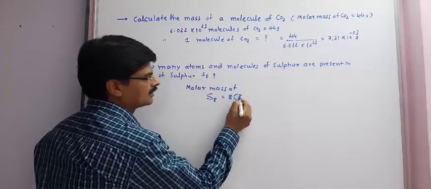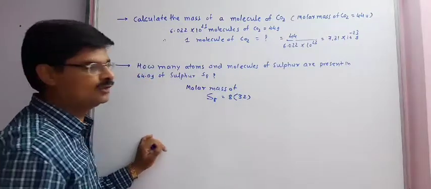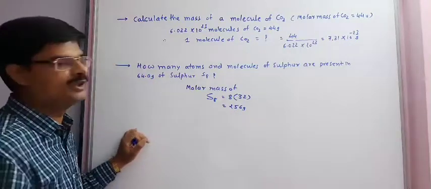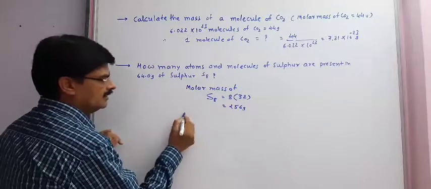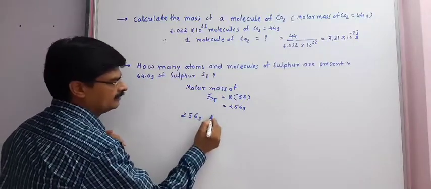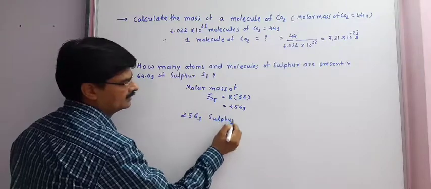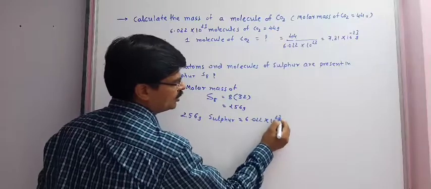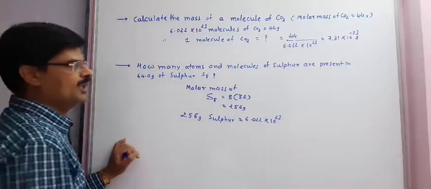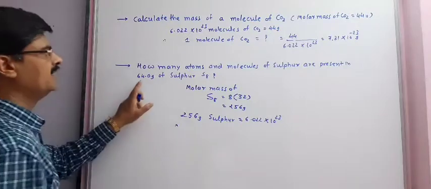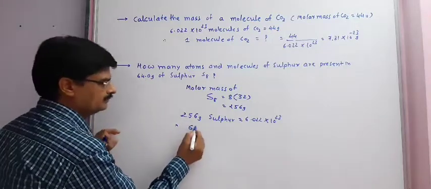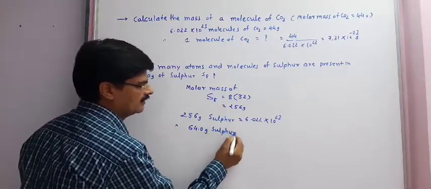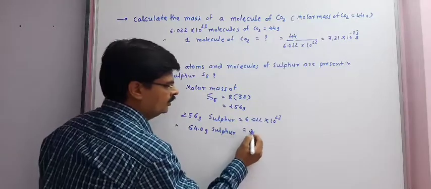8 into 32, that is the atomic mass of sulfur, we will get 256 gram or 256 unified mass. Now, 256 gram of sulfur is equal to 6.022 into 10 raised to 23 molecules of sulfur, but here it is asked 64.0 gram sulfur is given, is equal to what?